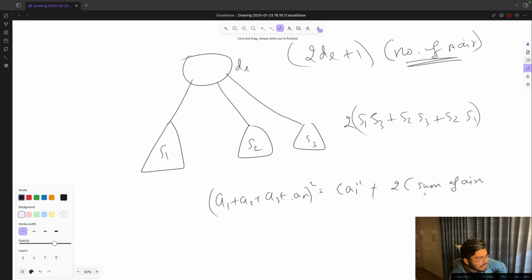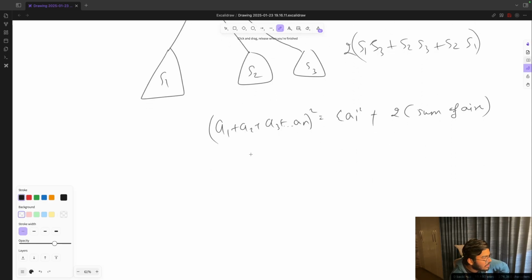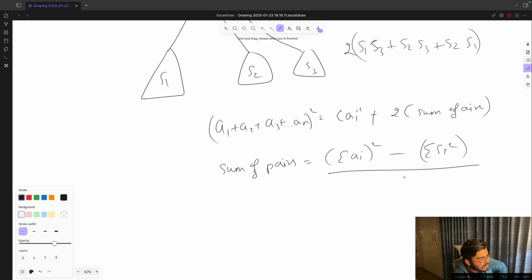Actually not minus, it is plus. So to calculate the sum of pairs of every child, you can first get the summation of the subtree sizes and square it, and from it subtract the summation of si square, and divide this by 2.